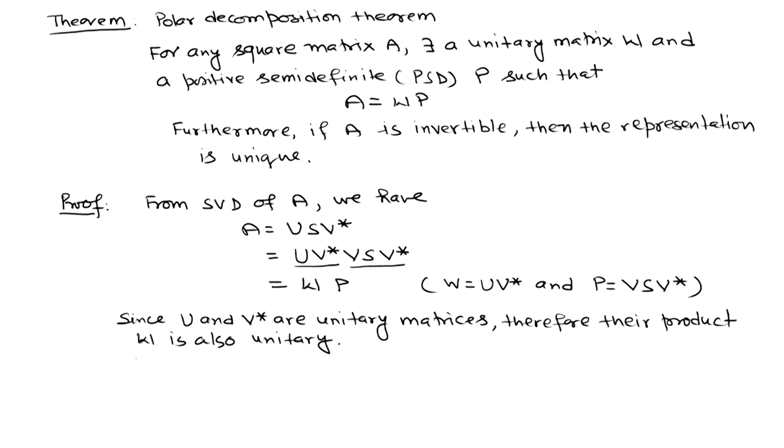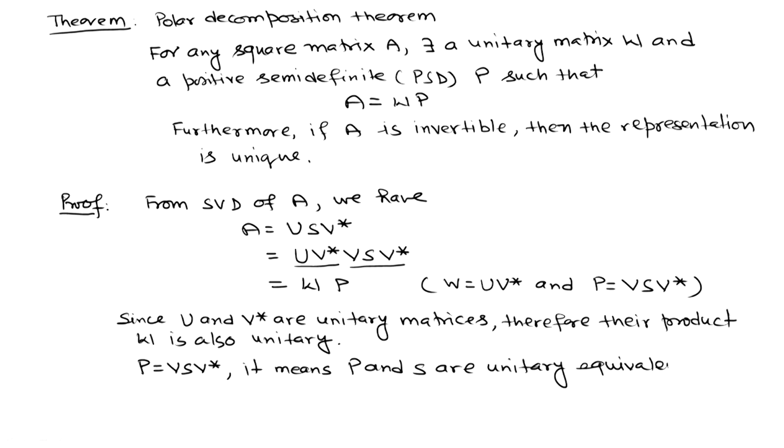Here, if you see P equals V S V star, it means P and S are unitarily equivalent, or in other words, they are unitarily similar matrices.